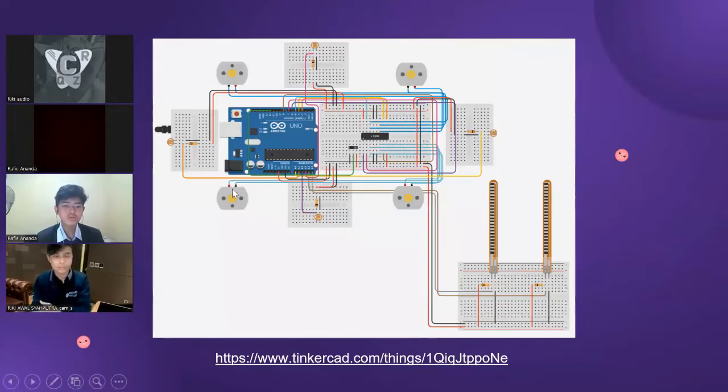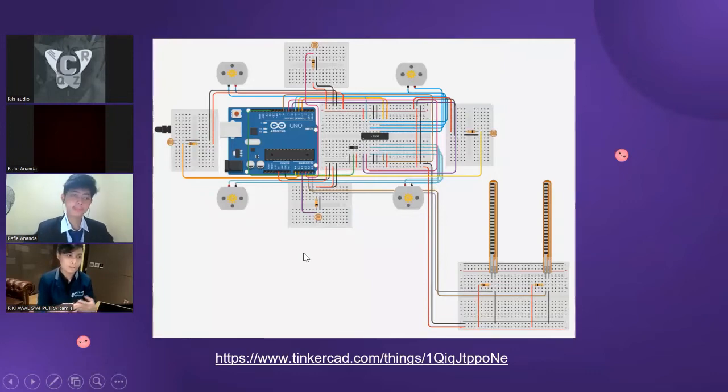And what if the right side sensor has a higher value than any other sensor? It will rotate the vehicle to the right and find the best light on the front sensor.